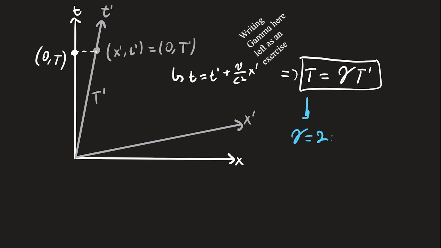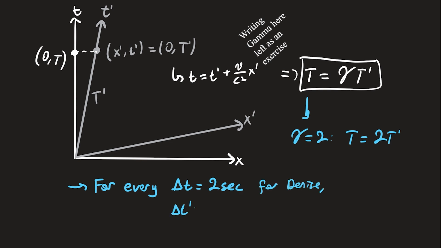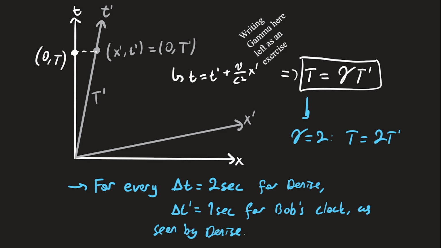Well, if we have gamma equal to 2 again, it means that every time 2 seconds pass on the ground frame, Denise is going to see that only 1 second passes on the train frame. So for every tick that Denise sees on Bob's clock, she sees 2 ticks on her clock. So this is how they agree.